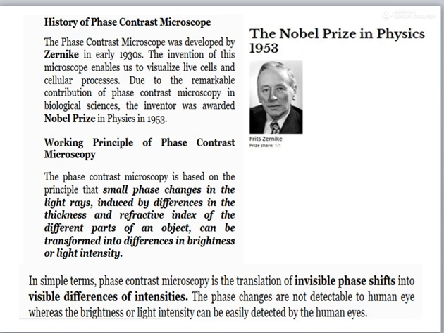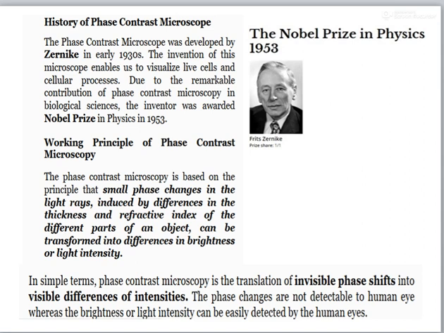In simple terms, phase contrast microscopy is the translation of invisible phase shifts into visible differences in intensities. The phase changes are not detectable to the human eye, whereas the brightness or light intensity can be detected by the human eye.